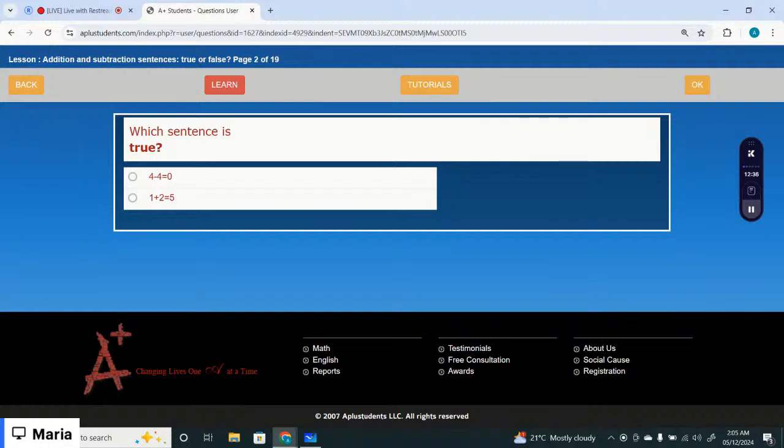Which sentence is true? 4 minus 4 is 0 and 1 plus 2 equals 5. So which is the correct option?